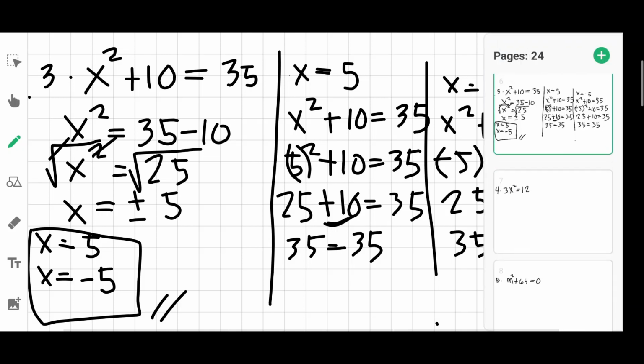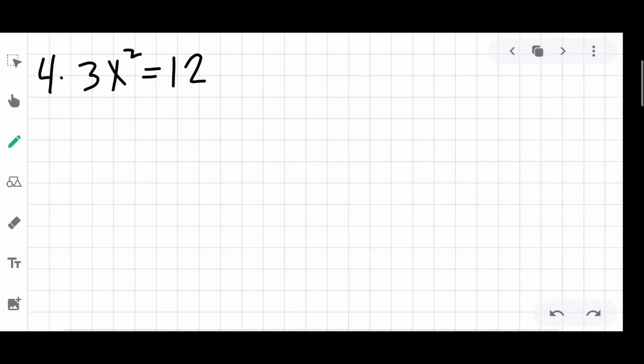Para naman sa pang-apat na example, we have 3x squared equals 12. So, dito hindi pa tayo pwedeng mag-square root. Kasi po, merong numerical coefficient si x squared which is 3. So, kailangan muna nating tanggalin itong value na to. So, para mawala siya, kailangan nating i-divide both side by 3.